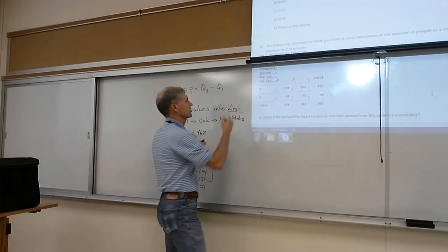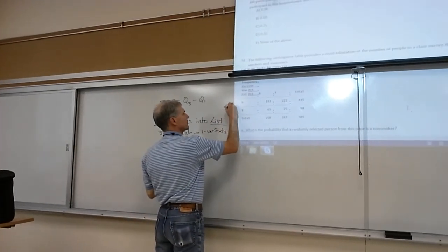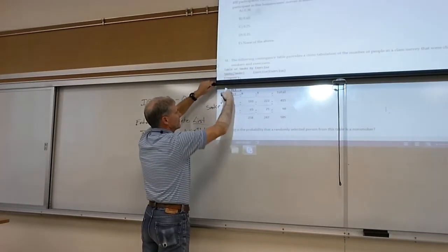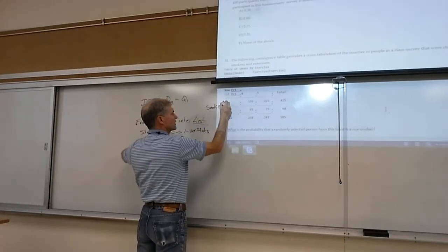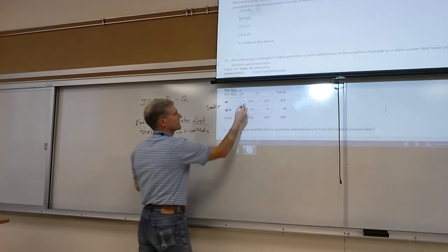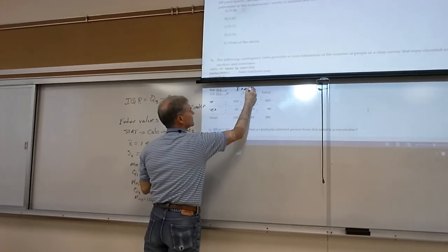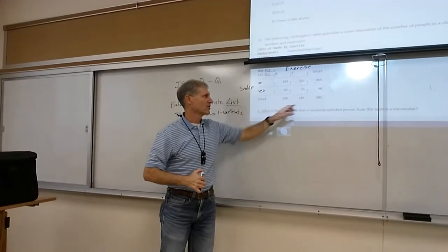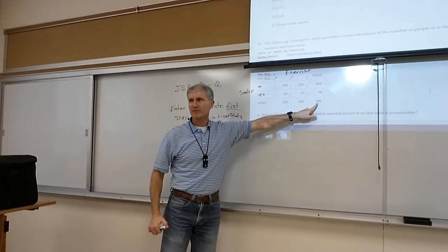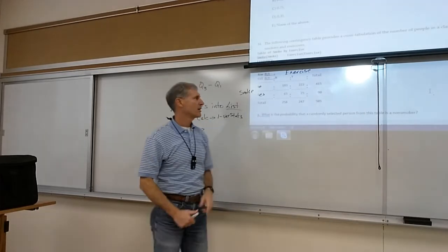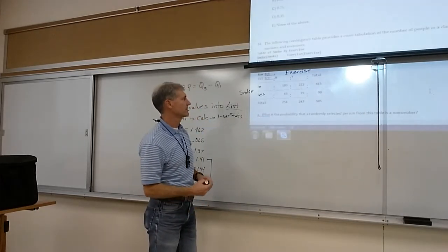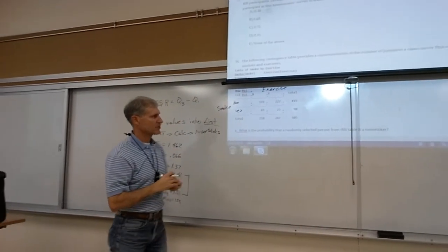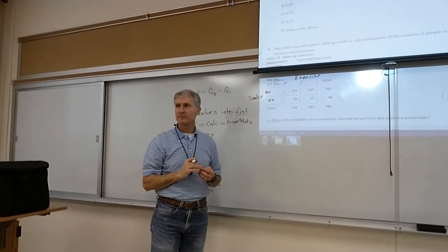So this is smokers, yes, no. It's hard to read this table the way it's set up, but this says smoke above this column. So this is smoke, no, yes. And then this is exercise, no, yes. You guys collected this data, although this is from a different semester. Got a different N here, but yours will be very similar. What's the probability that a randomly selected person from the table is a smoker?